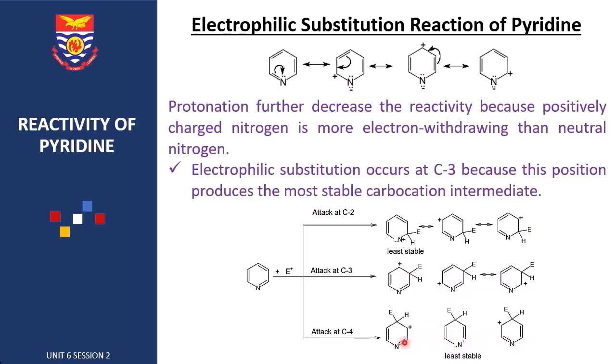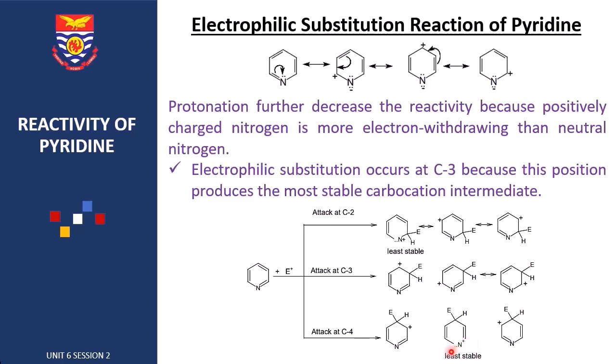Now, if you look at the attack at carbon number 2 and carbon number 4, realize that there is also a less stable intermediate, where the nitrogen has a positive charge on it. At carbon number 4, you can see the same thing. Nitrogen is highly electronegative, so we wouldn't want it to carry a positive charge.